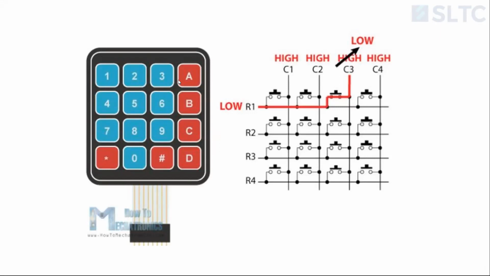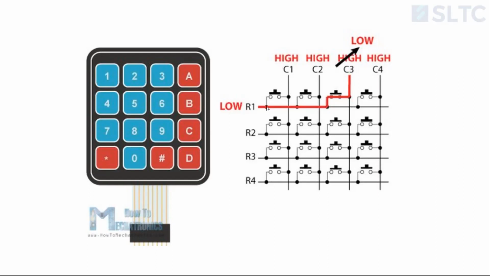So here, there are 4 columns, C1, C2, C3, C4, and then 4 rows, R1, R2, R3, and R4. And if you notice, in the cross point, we have installed a button. So when you press the button, for example, this one, it connects C1 and R1 together.